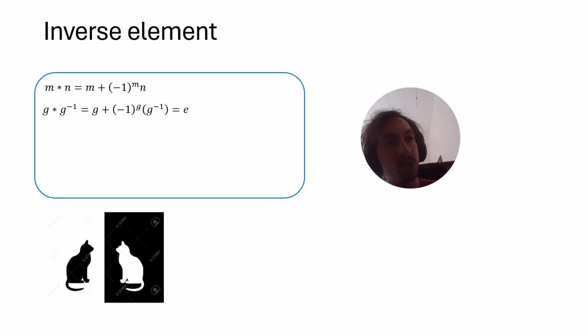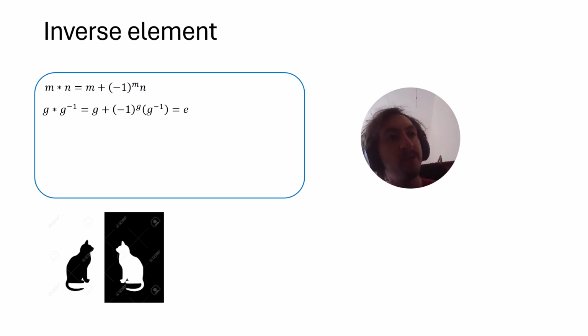So by definition, in terms of what the inverse of an element is, g star g to the -1 has to equal e, and based on the definition of what star has been defined to be, we can rephrase that as g plus -1 to the power of g times g to the -1 has to equal e.